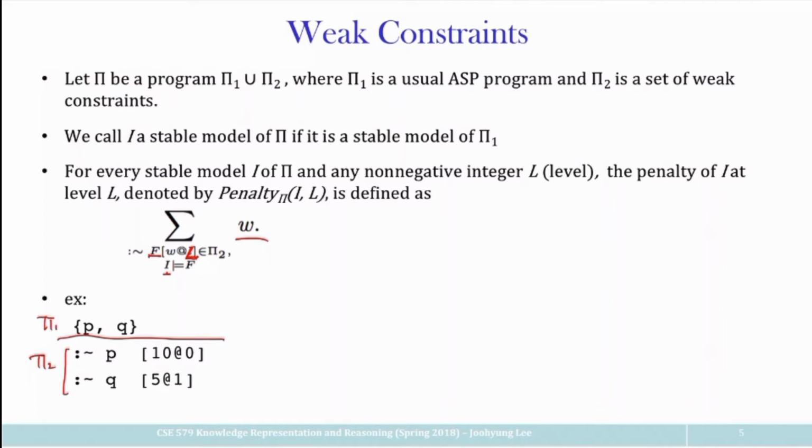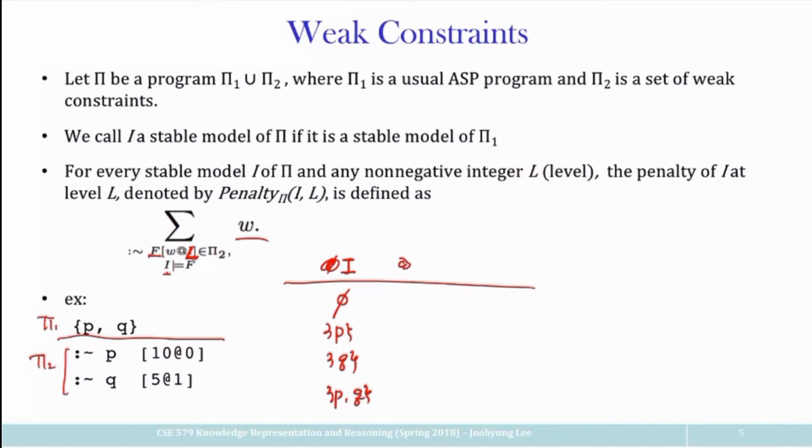All right. So let's look at the table. Interpretation, or stable models here. So there are actually 4 stable models, and for each of the stable models, we are going to compute the weight, the penalty at each level.